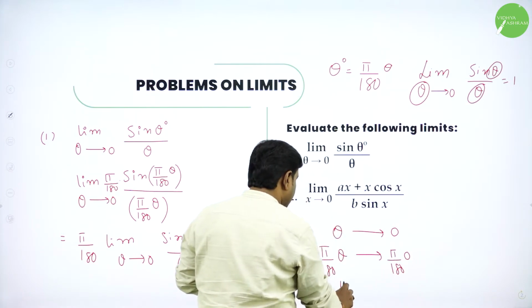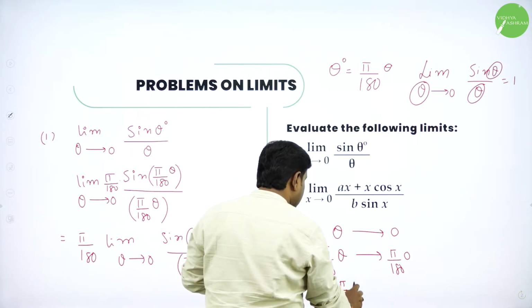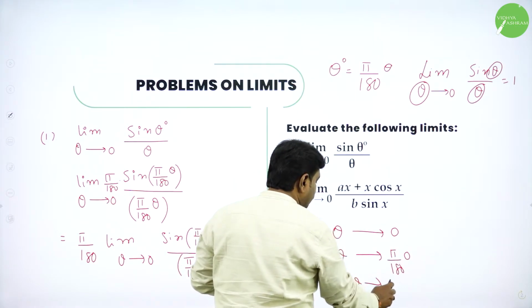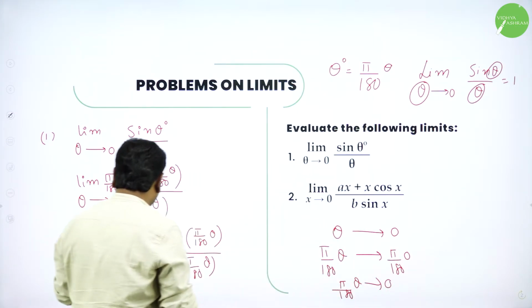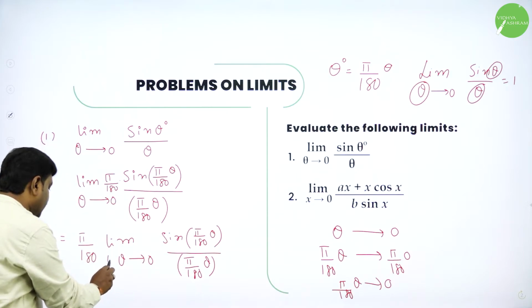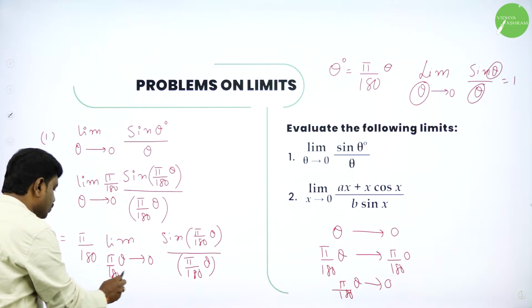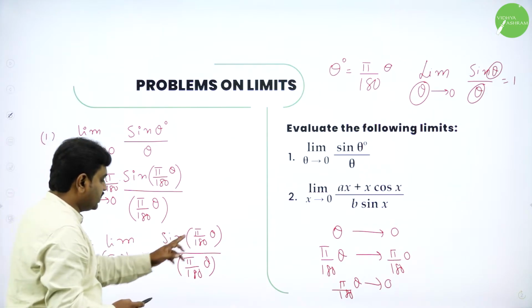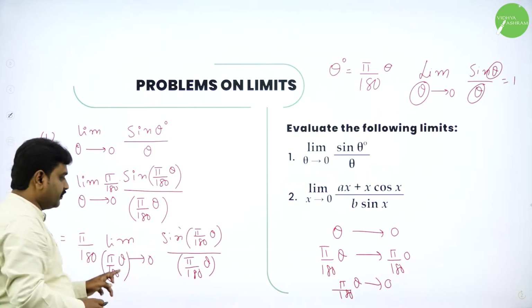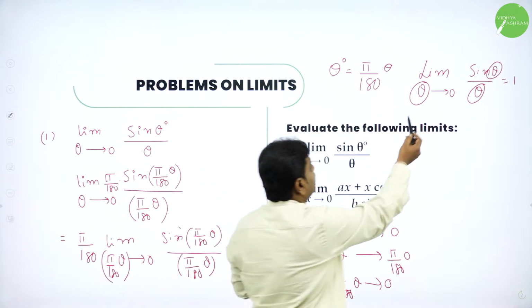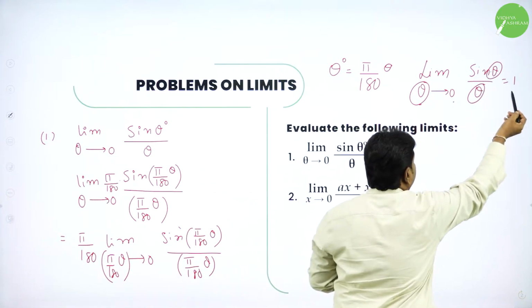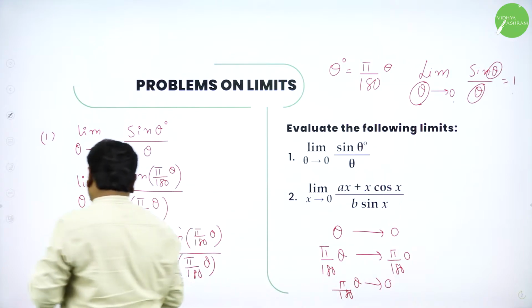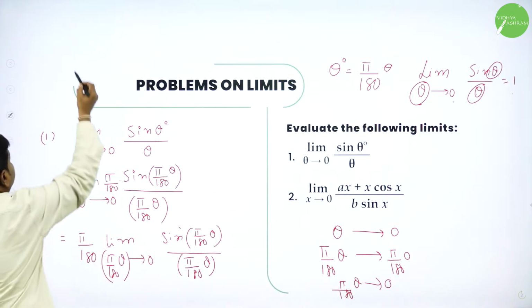That is pi by 180 times theta tends to anything into 0 is 0. So in spite of theta tends to 0, I can directly write pi by 180 theta tends to what? 0. Now you can see inside sine, denominator, and this all three are same. Now it is in the form limit theta tends to 0 sin theta by theta. Answer is what? 1.